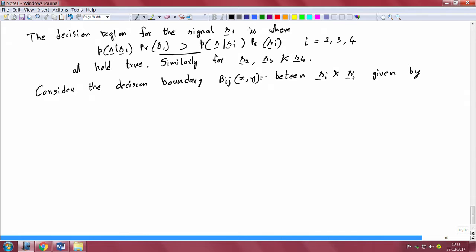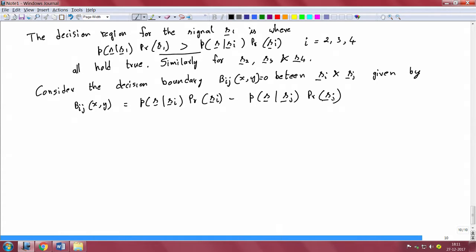I say Bij equal to 0 is a boundary between the regions of signals Si and Sj, which is given by Bij of x comma y, which is nothing but the difference between these two terms, probability times Si minus probability times Sj.